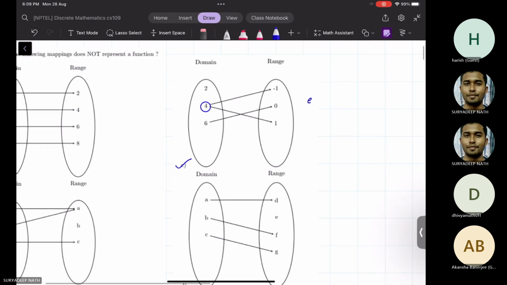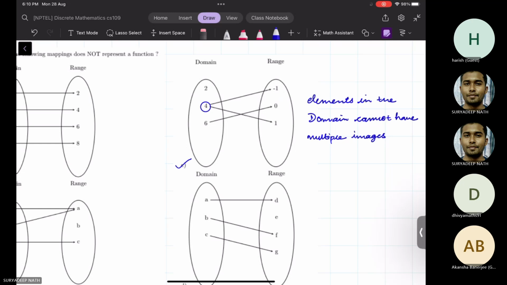Elements in the domain cannot have multiple images.